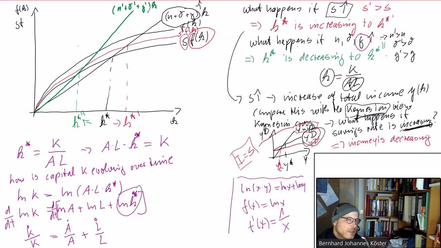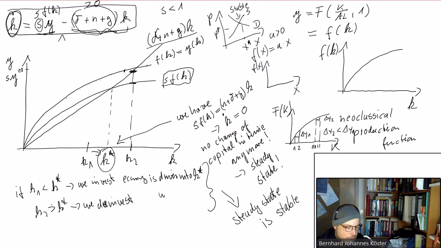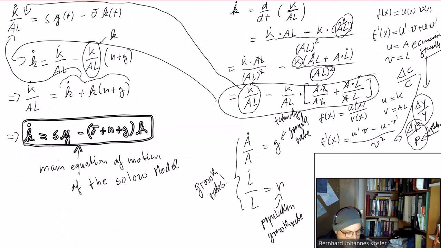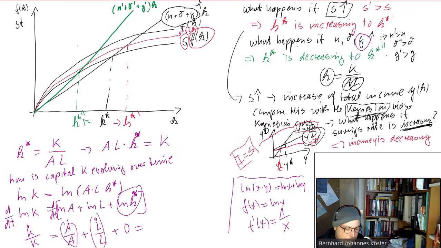Steady state is constant, and the time derivative of a constant is, of course, 0. So, and this we had on the former slide. This is g and this is n. So g plus n.